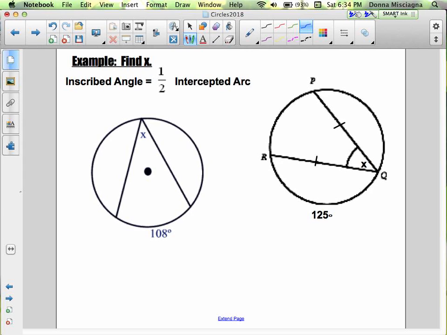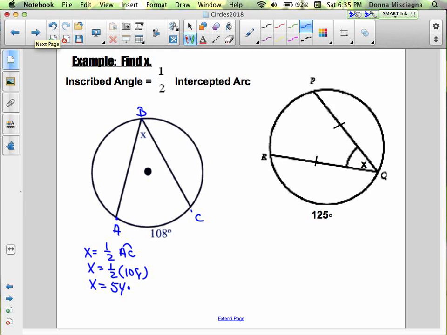I guess we could put some letters here: A, B, and C. All right, so X there, or angle ABC, is going to be equal to half of arc AC. Since arc AC is 108 degrees, that means that the angle is equal to 54 degrees. And there we go. That one's done.